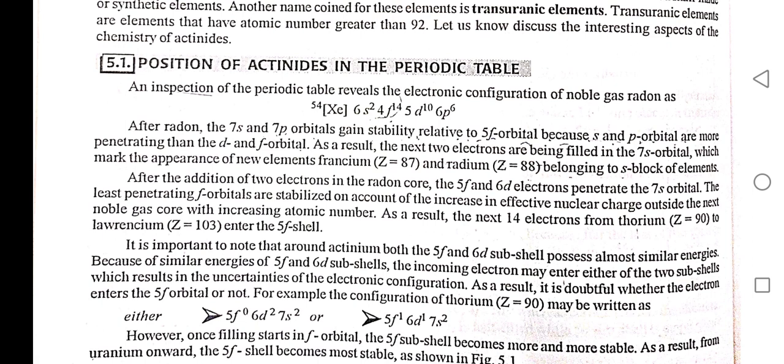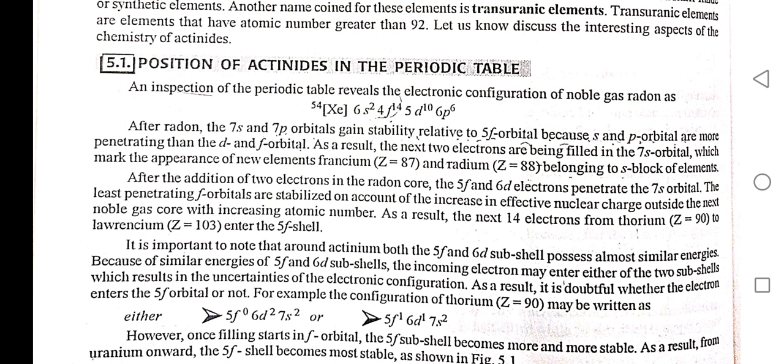After radon, the 7s and 7p orbitals gain stability relative to the 5f orbital because s and p orbitals are more penetrating than the d and f orbitals. As a result, the next two electrons are filled in the 7s orbital, which makes the appearance of the new elements francium, atomic number 87, and radium, atomic number 88, belonging to the s block.